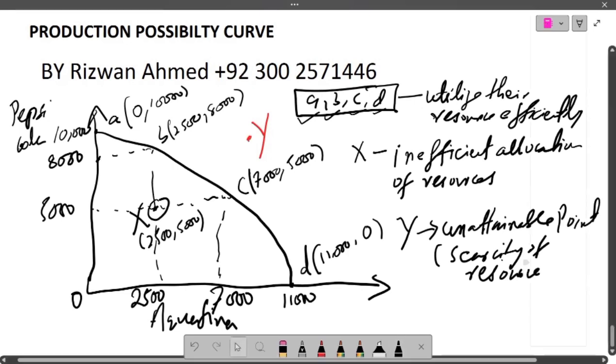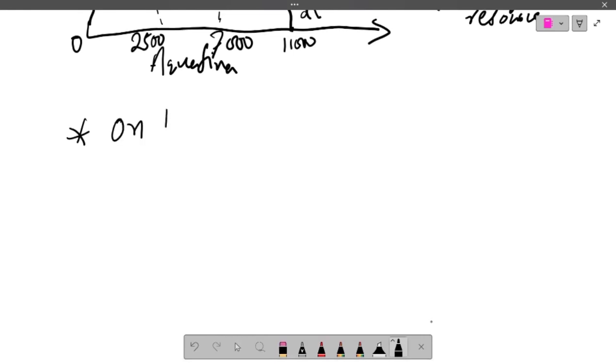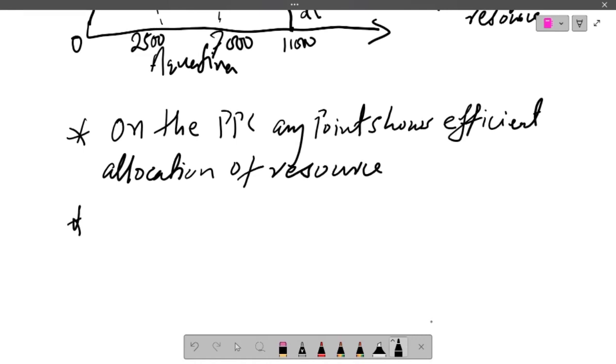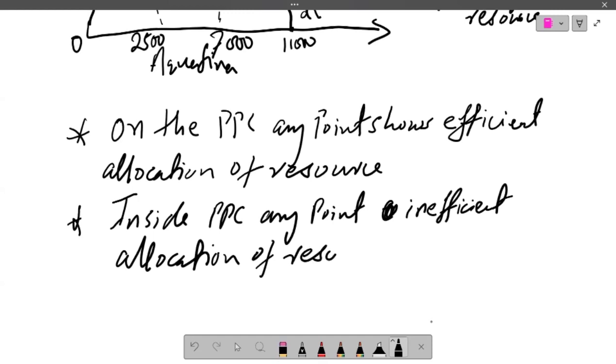So if we summarize this, you can say that on the PPC, any point shows efficient allocation of resources, while inside PPC, any point shows inefficient allocation of resources.